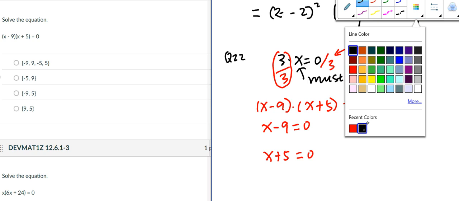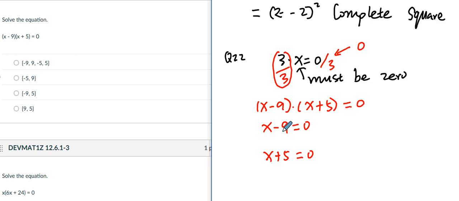Okay. If x minus 9 is 0, you add 9 on both sides, cancel positive, negative. What you get is x equals 0 plus 9, which is 9.